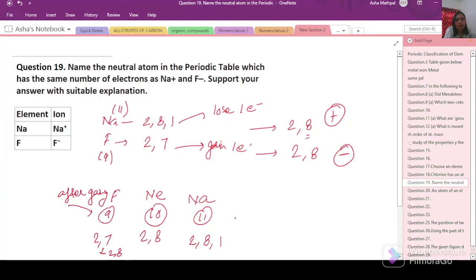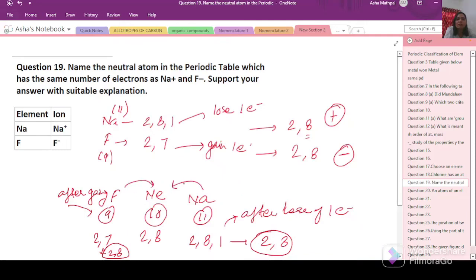And sodium, after loss of 1 electron, is also changing to 2, 8. So they both are attaining the electronic configuration of the nearest noble gas, that is neon. So the answer will be neon. The neutral atom in the periodic table which has the same number of electrons here will be neon, because after the loss or the gain, they are attaining the noble gas configuration of neon.